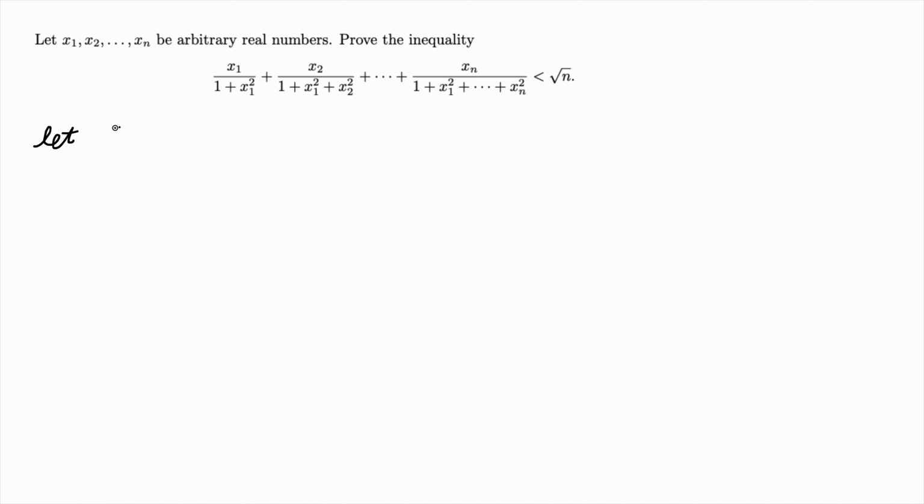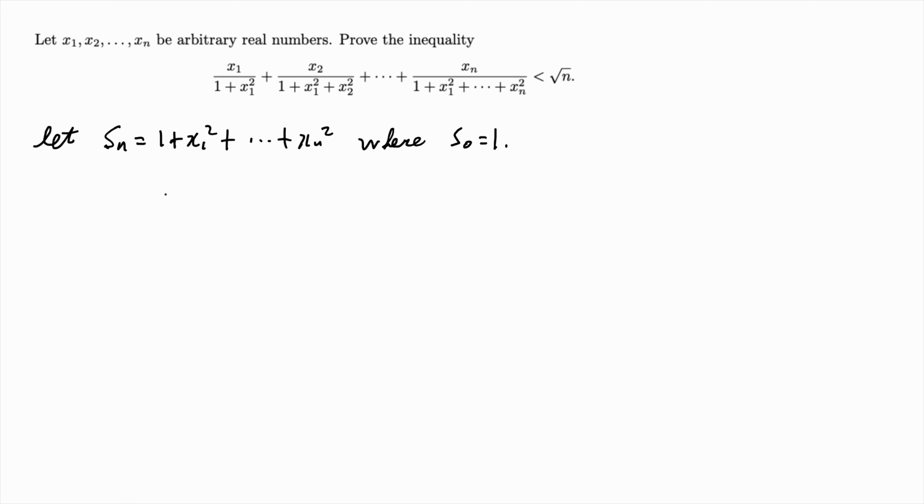We let s sub n equal 1 plus x sub 1 squared plus all the way until x sub n squared, where s sub 0 equals 1.